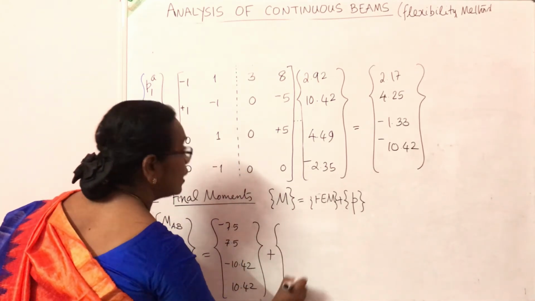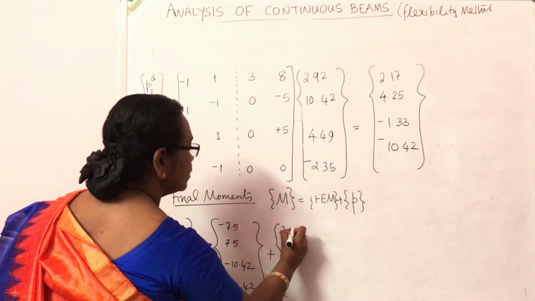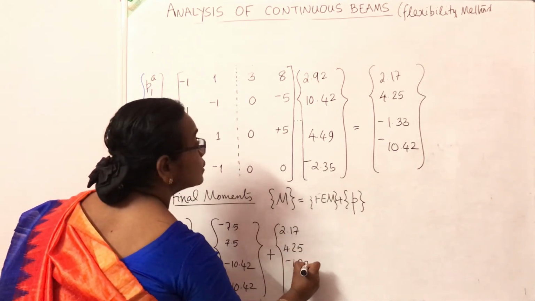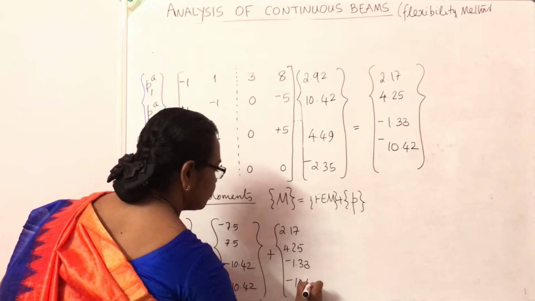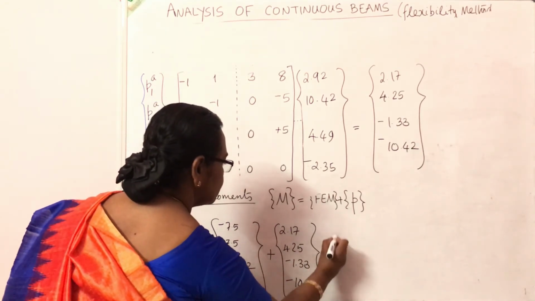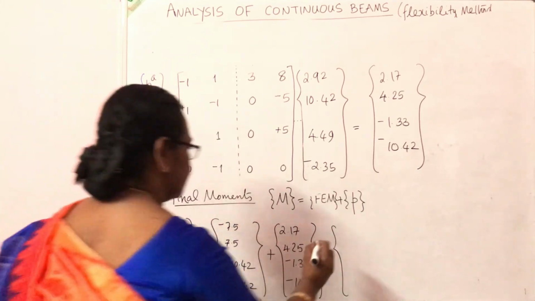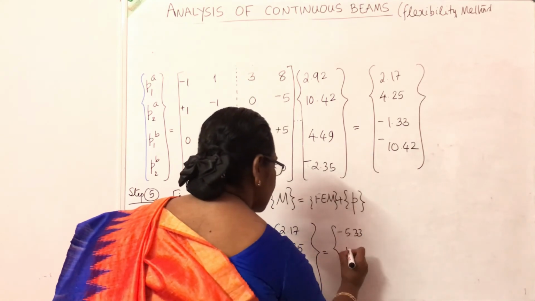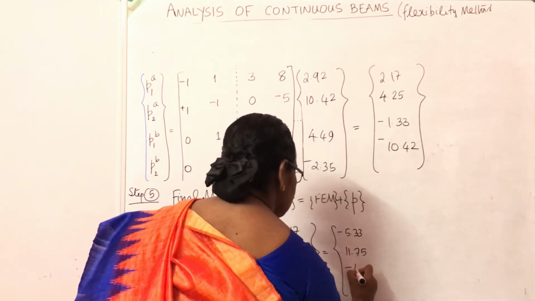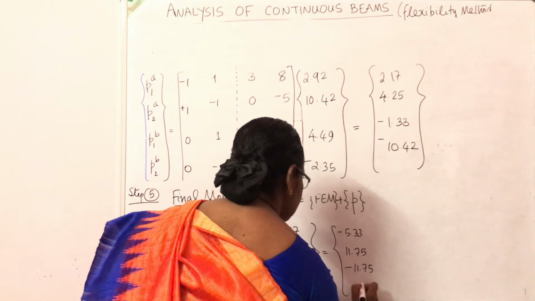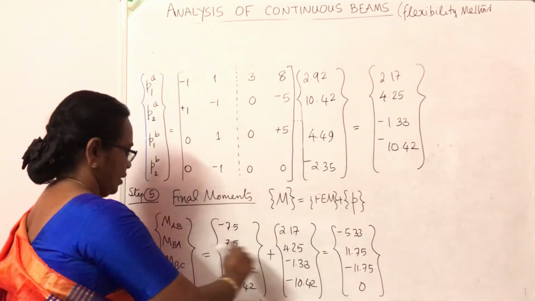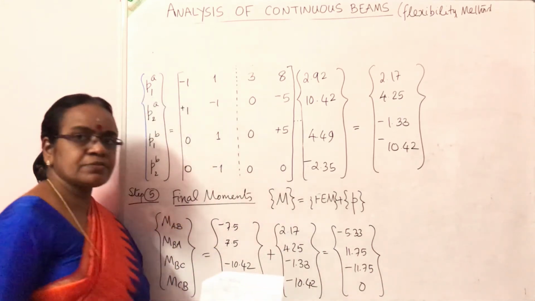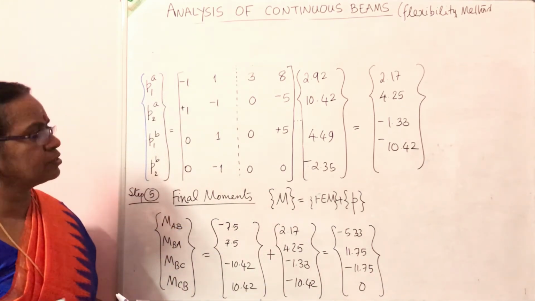Together you add 2.17, 4.25, minus 1.33, minus 10.42. It will lead to minus 5.33, 11.75, minus 11.75. So you can check MBA plus MBC should be 0, and it being a simply supported end, the moment at C should be equal to 0. You can check whether your calculation is right.